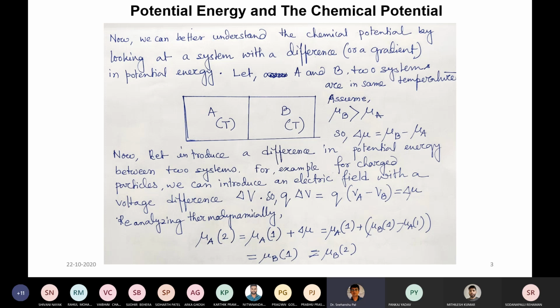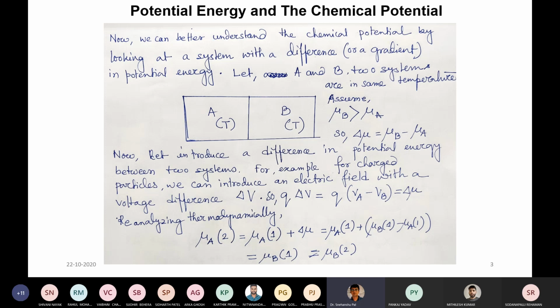So what will be the potential difference? You can represent it as Q del V equal to Q times (VB minus VA), that is del mu. This kind of analogy you can also find by using a difference in gravitational potential, that can be mgh, mass, gravitational acceleration and height, or other ways to introduce a potential difference. Here we are taking the example of voltage difference.